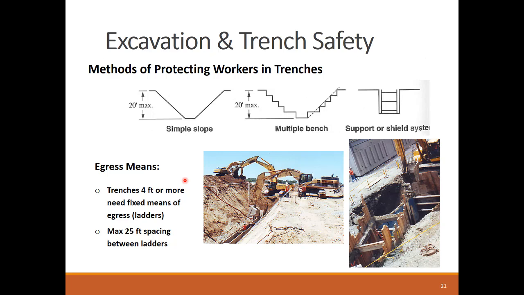This is done by allowing the soil to take its natural slope, forming slope in benches, or using trench boxes in tight sites with vertical trench walls. OSHA also calls for specific egress requirements for the workers inside the trench in terms of the existence of ladders and their spacings.